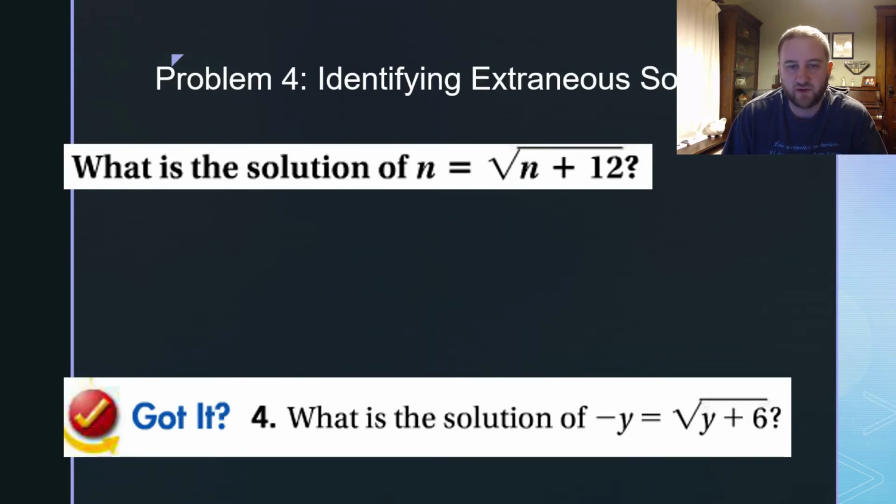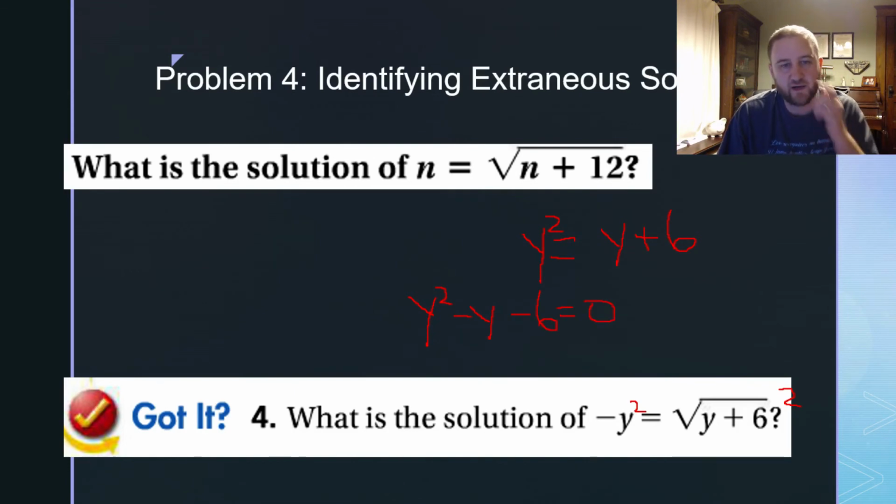Okay, hopefully you took some time and solved these. I'm going to go ahead and square this one. Negative y squared becomes a positive y squared, I should say. And then the square root of y plus 6 gives you just y plus 6. We're going to combine them on both sides. So y squared minus y minus 6 equals 0.